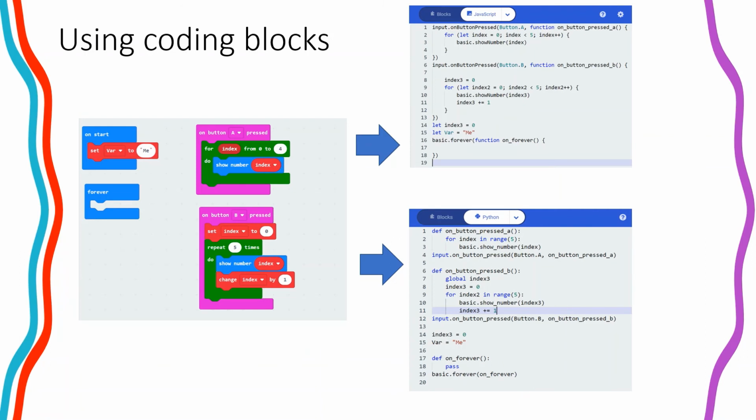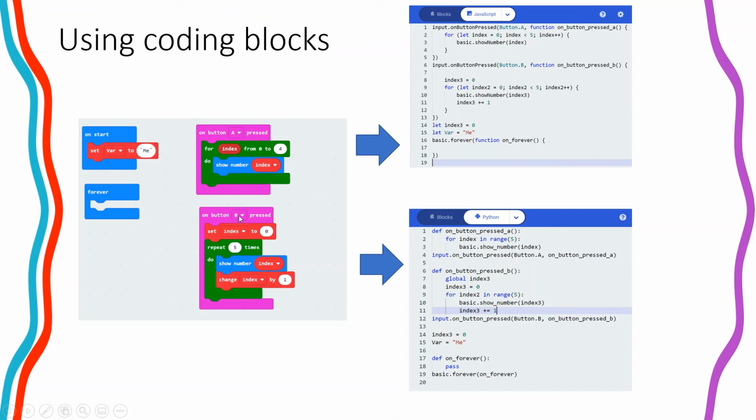The utilization of coding blocks, I've mentioned that before. So in effect, when you're younger, you will utilize coding blocks in a simplistic way. This one, if you press a button, which is button A, it would then repeat a process 4 times.